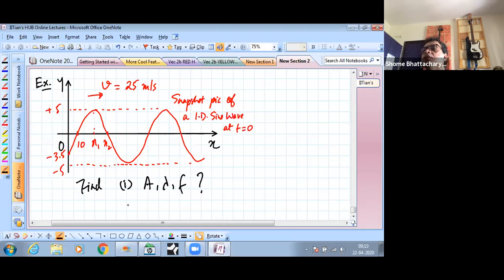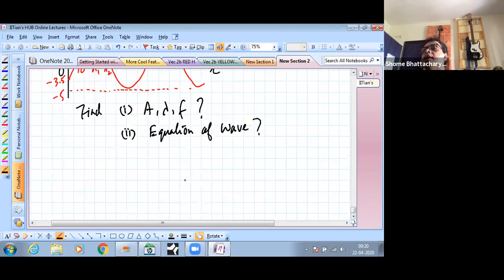Then we have to find out the equation of the wave, and we have to determine the particle velocity Vp at x equal to 0 at t equal to 0.